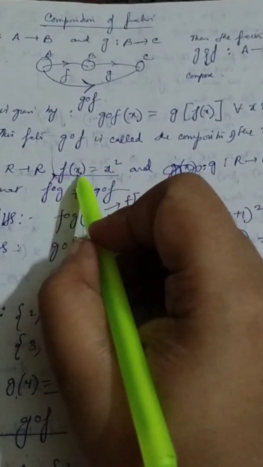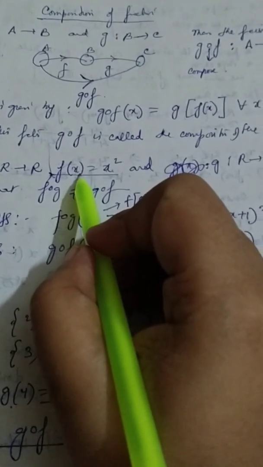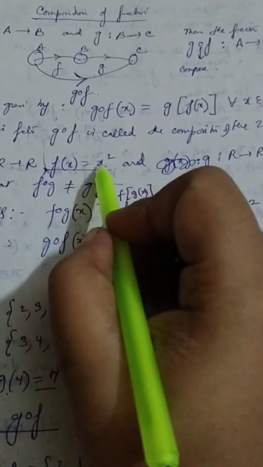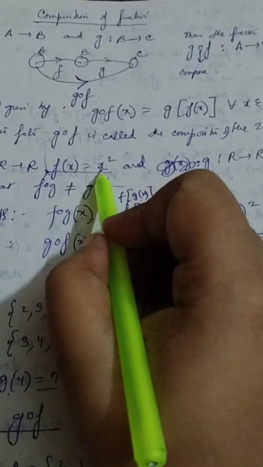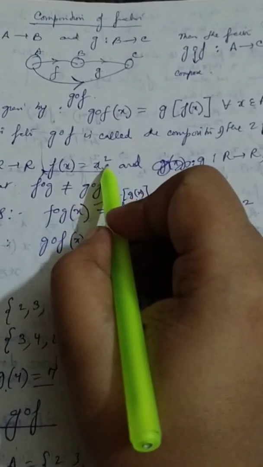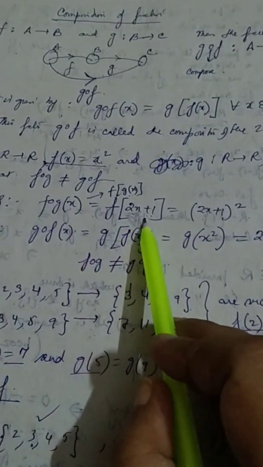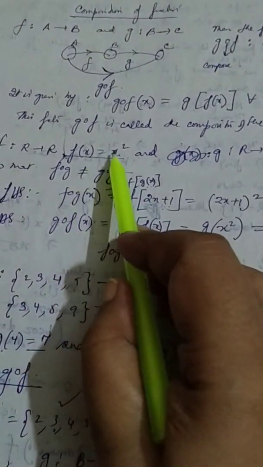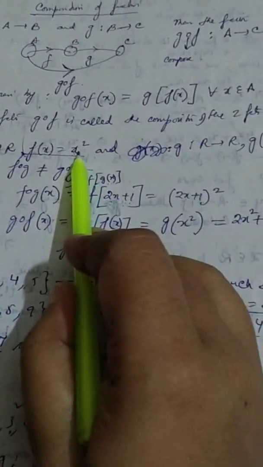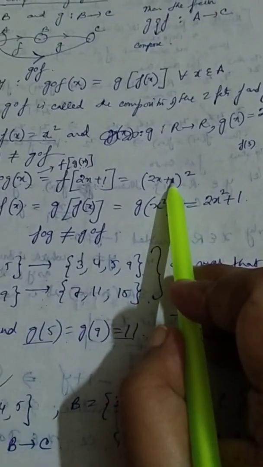If it had been f of x cube, then in place of x you are replacing x cube, so it becomes x cube whole square, that is x to the power 6. Like that. So f of 2x plus 1 is nothing but 2x plus 1 whole square.